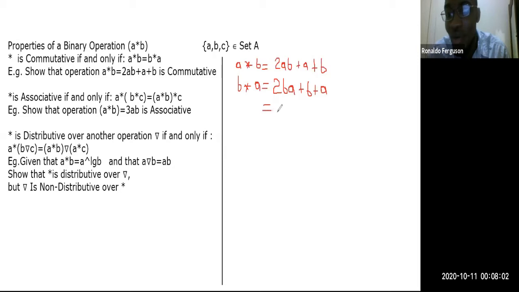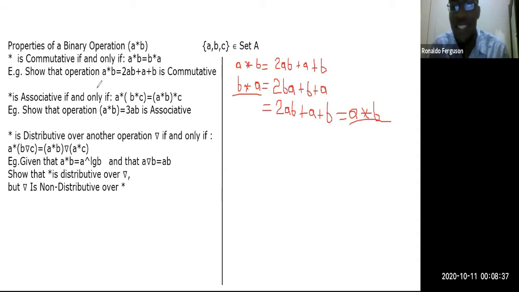And so this can be worked out to be 2 times BA, which is the same as AB, plus, since the sum of two real numbers is commutative, I can rewrite this as A plus B. But then 2AB plus A plus B is A star B. And so since A star B is equal to B star A, we say that the operation star is commutative.